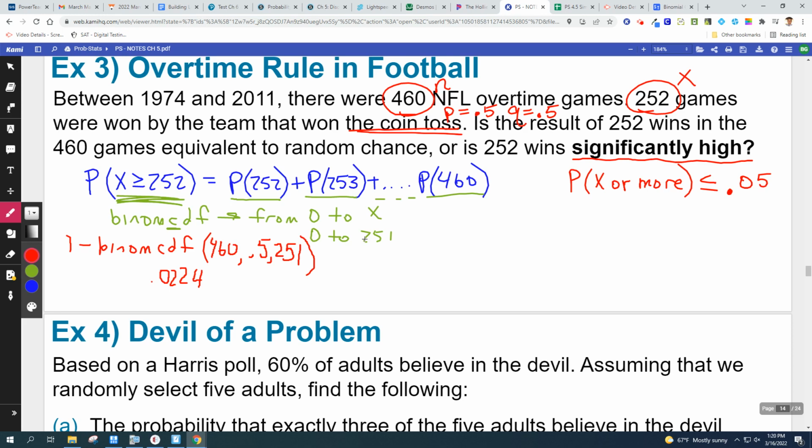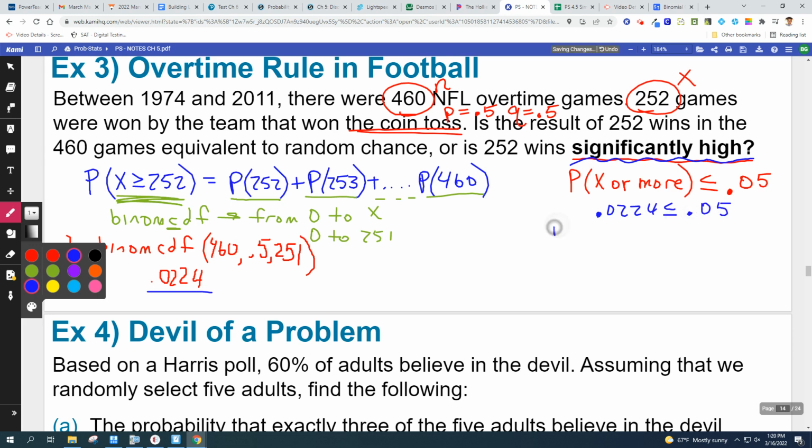So what have we found? The answer is not just 0.0224, because remember the question was, are we significantly high? Notice your number 0.0224 is less than 0.05.